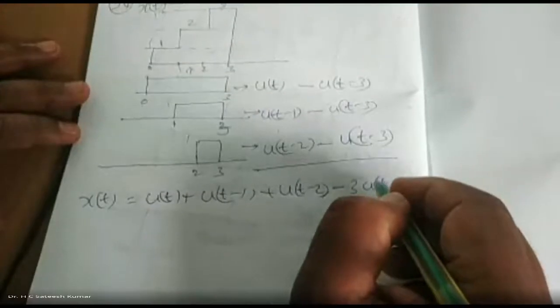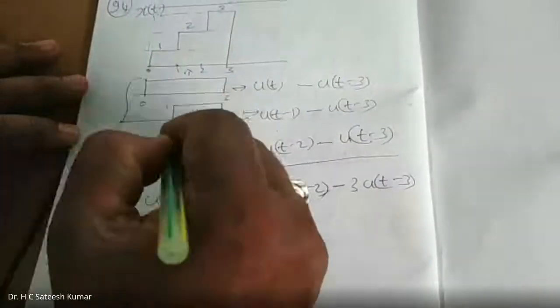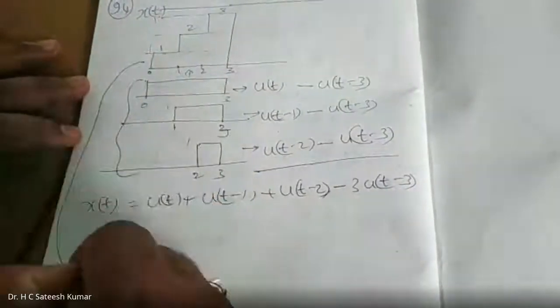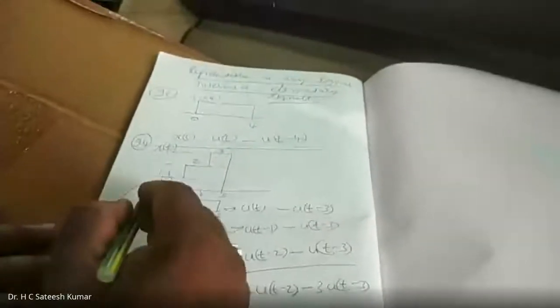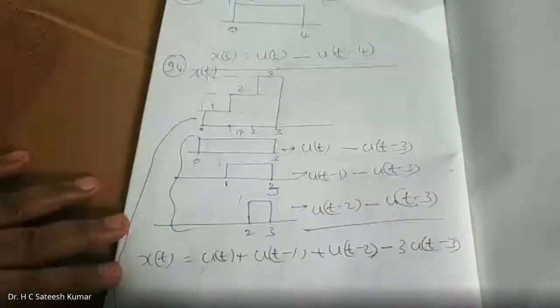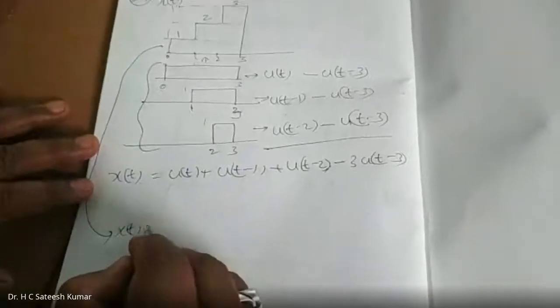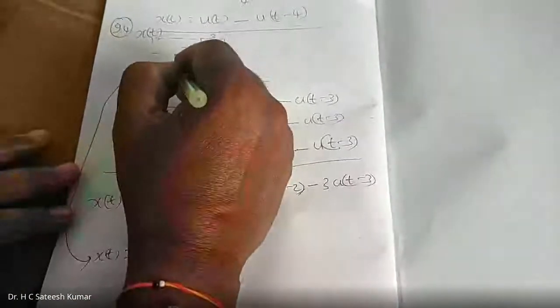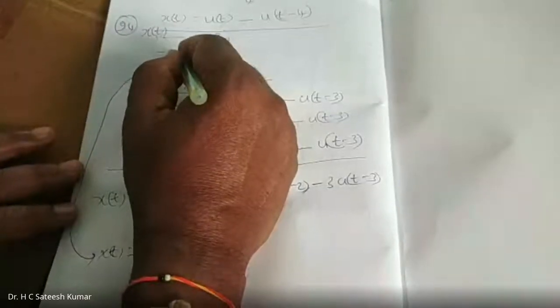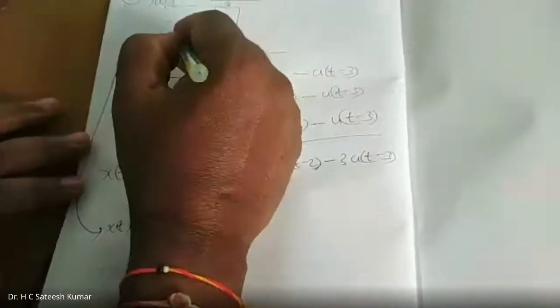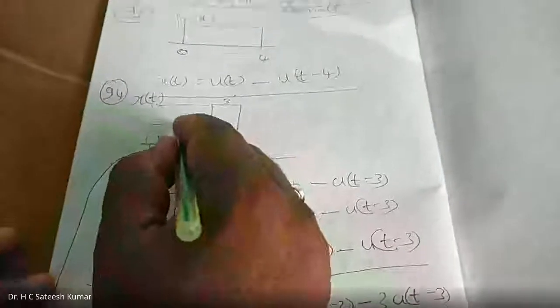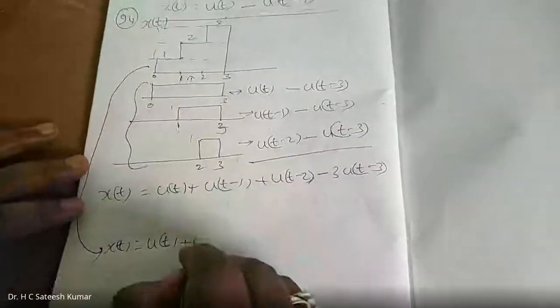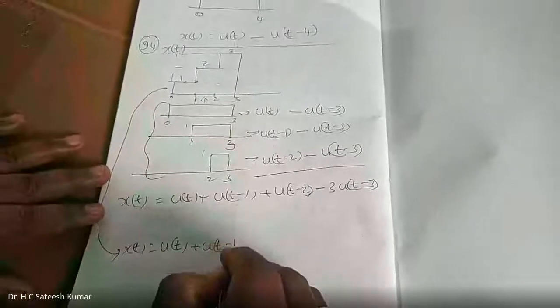Instead of doing that, no need to do all these things. Directly I can write it. I'll show you how. At 0, up by 1 unit: x of t is equal to u of t. At 1, once again up by 1 unit, because it's already 1 now, so up by 1 more unit: plus u of t minus 1.